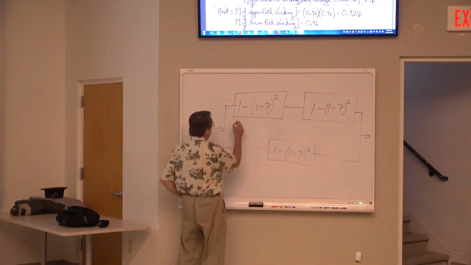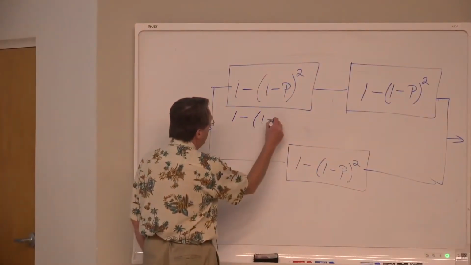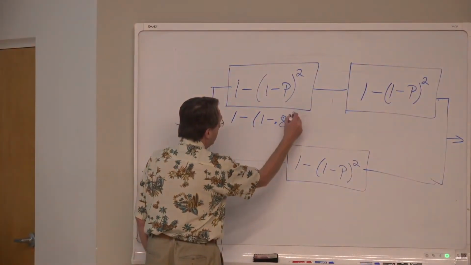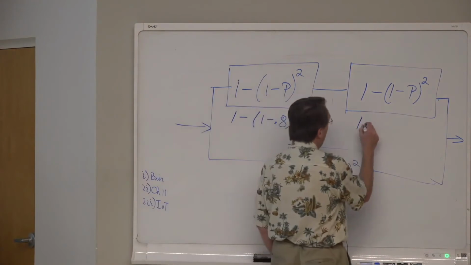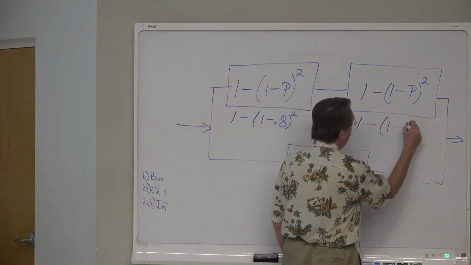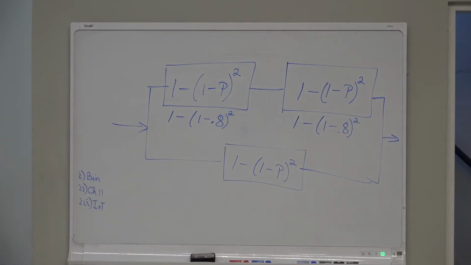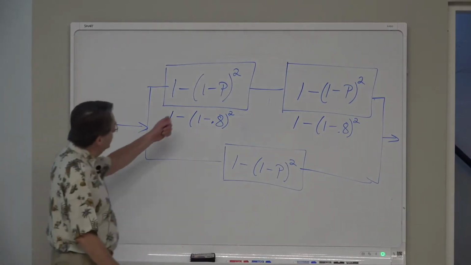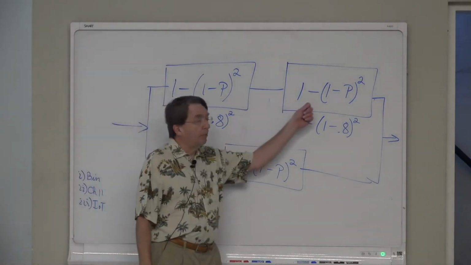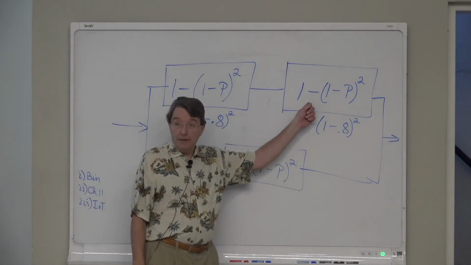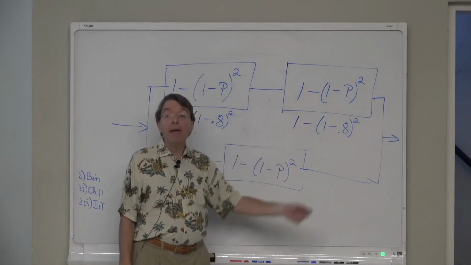So what I want to do is I'm going to get 1 minus (1 minus 0.8) squared, and here I get 1 minus (1 minus 0.8) squared. Now, before we shout out what that number is, that's the probability of this sensor working, and that's the probability of this sensor working. My colleagues, what's the probability of the upper path working?